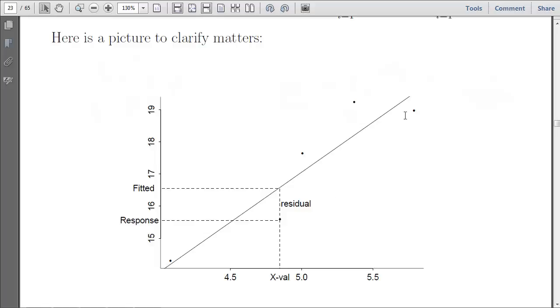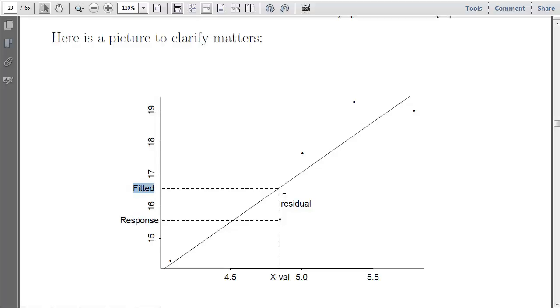So we've got our observed 5 values here. We have the regression line. And let's look at the center point and define some terms. So there's the x value of that point, and there's the y value for that point, which we're calling the response. Once you fit a regression line, if you continue drawing the line up past the point or short of the point, to the regression line, that is the model fitted value. That's what's predicted from the regression line.